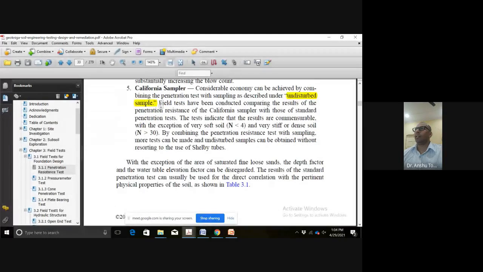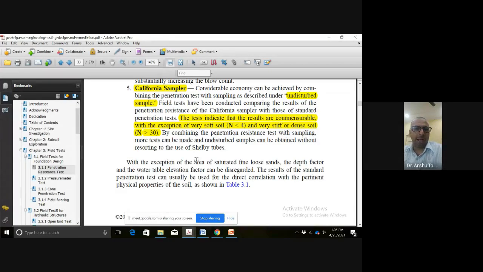Maximum we require an undisturbed sample. So we can use the California sampler. The test indicates the results are comparable, with the exception of very soft soil. So for very soft soil, N will be coming close to 4.